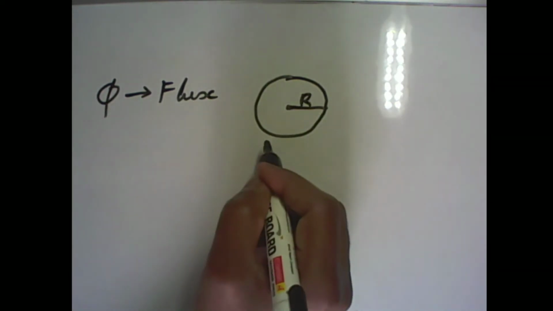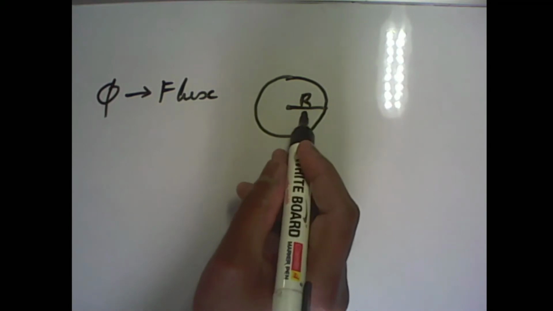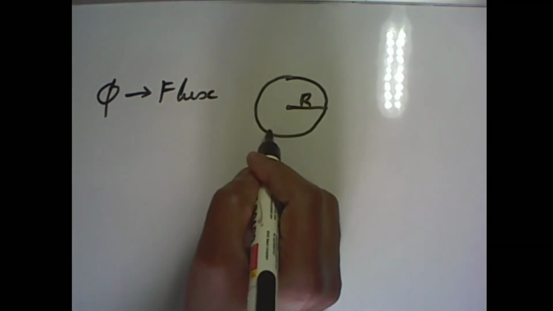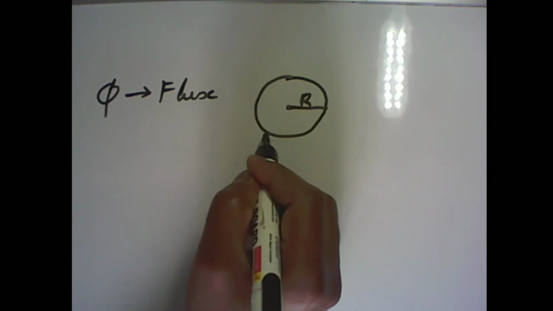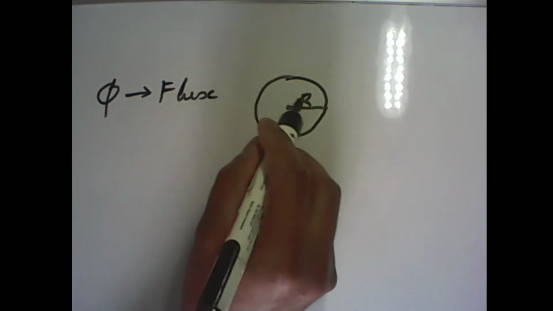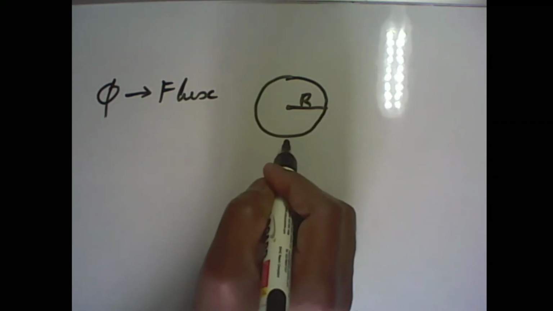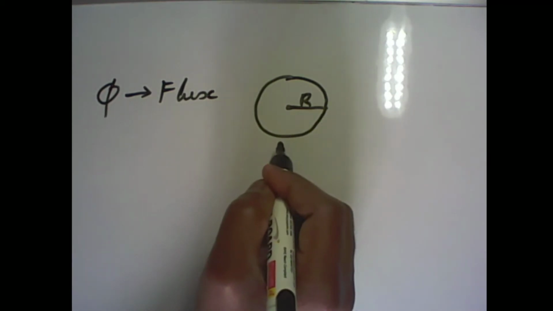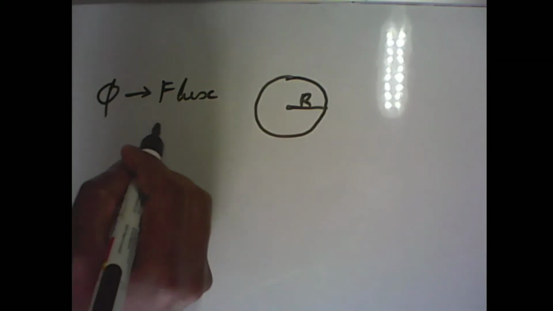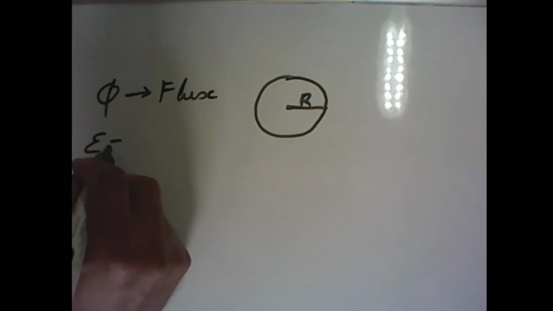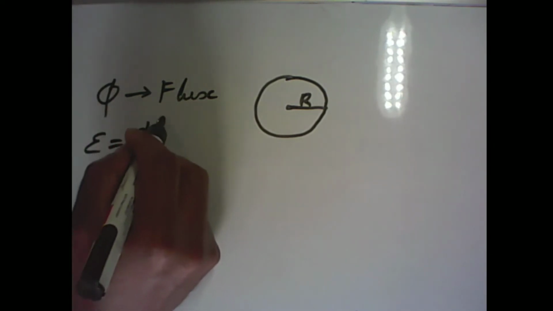The electrons are moving round in the chamber in an orbit of radius r, and let phi be the flux linked with this whole area of the orbit at any instant of time, and this flux changes because the magnetic field is changing. So the EMF induced in this orbit, we can call it epsilon, is equal to d phi by dt.